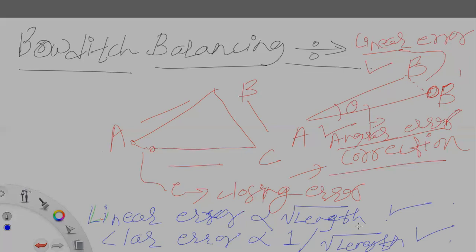Okay. Now there is another term, and that term is latitude and departure. Now what are latitude and departure? We will see it step by step.